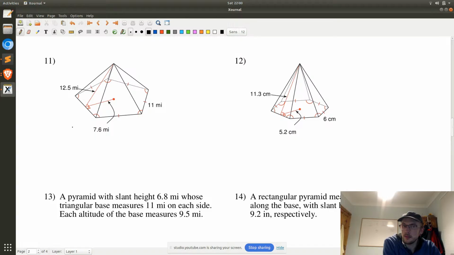And then all of that has to be divided by 2. 343.75, I think.